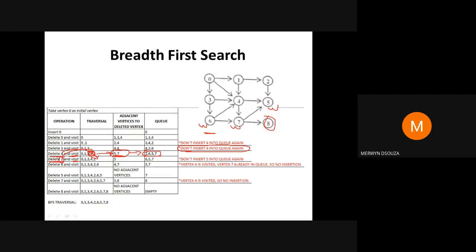So next step that you are going to do is find the adjacent vertices next to 2. Next to 2 there is only one adjacent vertex, that is 5. Tell me whether 5 can be inserted into the queue. Can 5 be inserted into the queue?